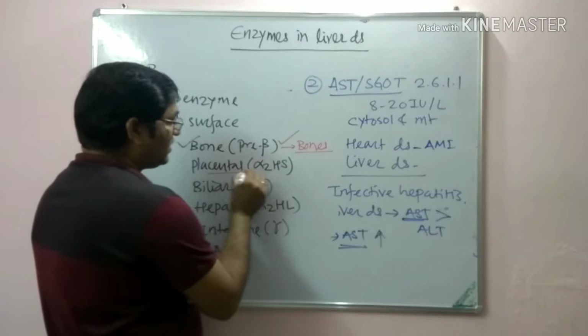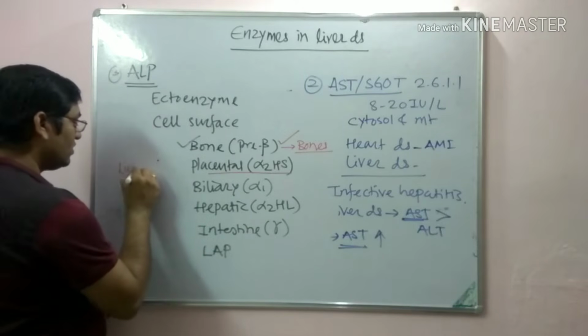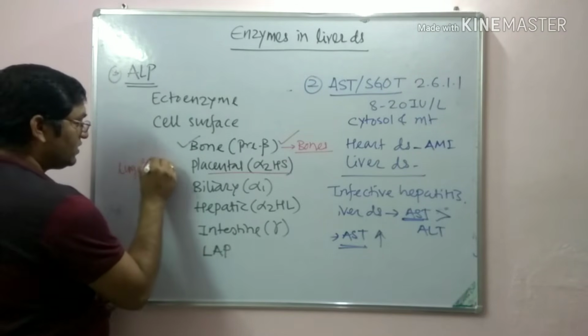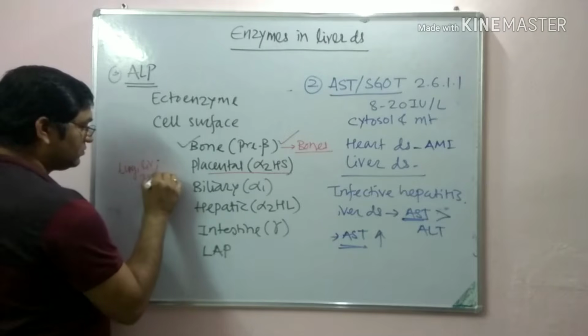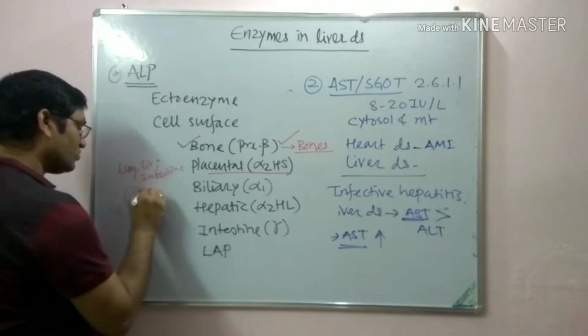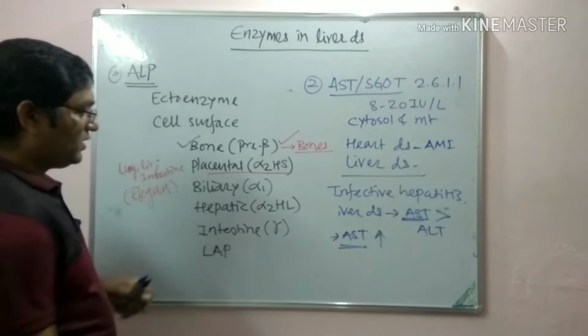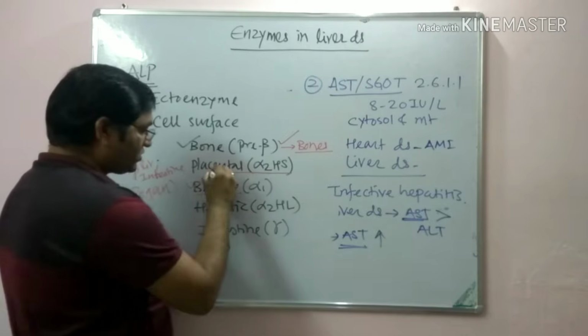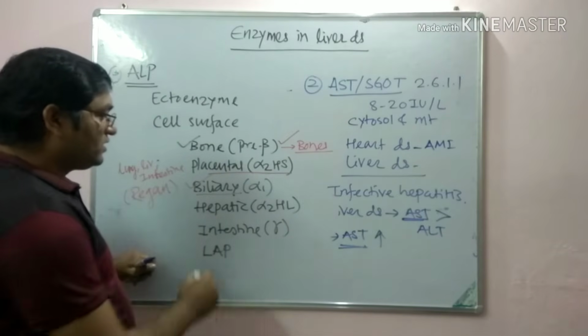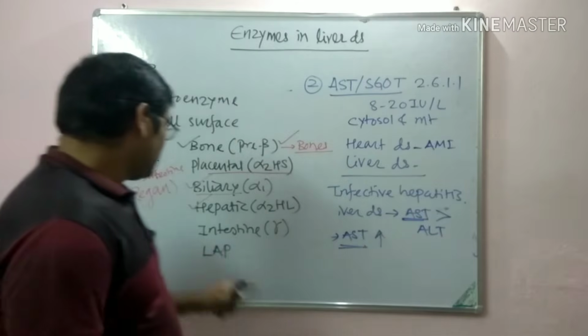Then the placental isoenzyme's level increases in carcinoma of the lung, liver and intestine, and that isoenzyme is known as Regan isoenzyme. Then the biliary increases in obstructive jaundice, and the hepatic increases in hepatocellular and obstructive jaundice.